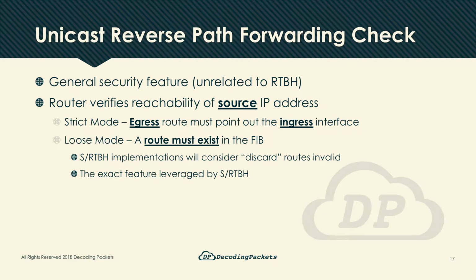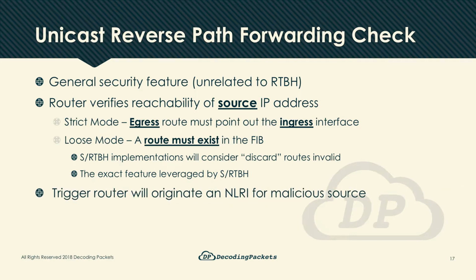Well, how does this tie into SRTBH? Very simply, actually. The trigger router will now originate a specific route, but not for the destination like it did in the previous scenario. It will originate that route for the source IP, that is the attacker's IP. With everything else being exactly the same as RTBH, the edge routers should install a discard route for this IP address.